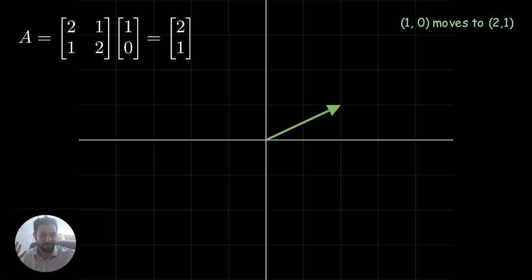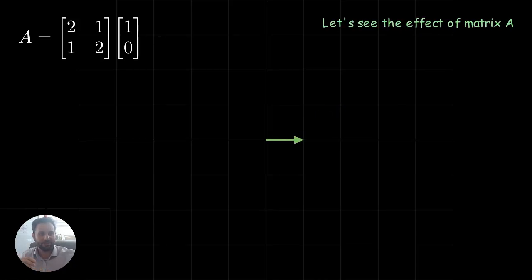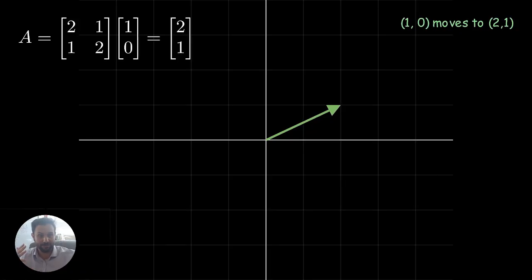And the second row, 1 2, I take the inner product with 1 0. The second one, multiplication with 0, disappears. So I take 1 times 1, plus 0 times 2, it gives 1. So 1 0, you see this green goes to 2 1, right?